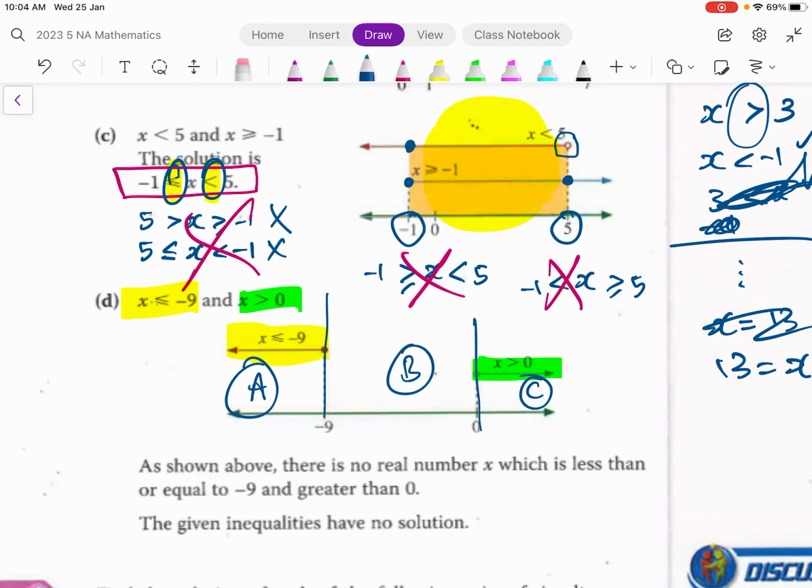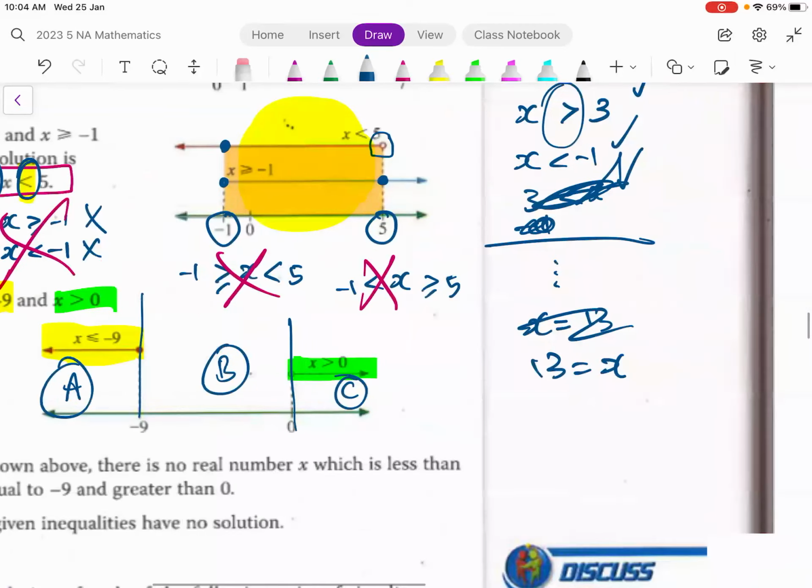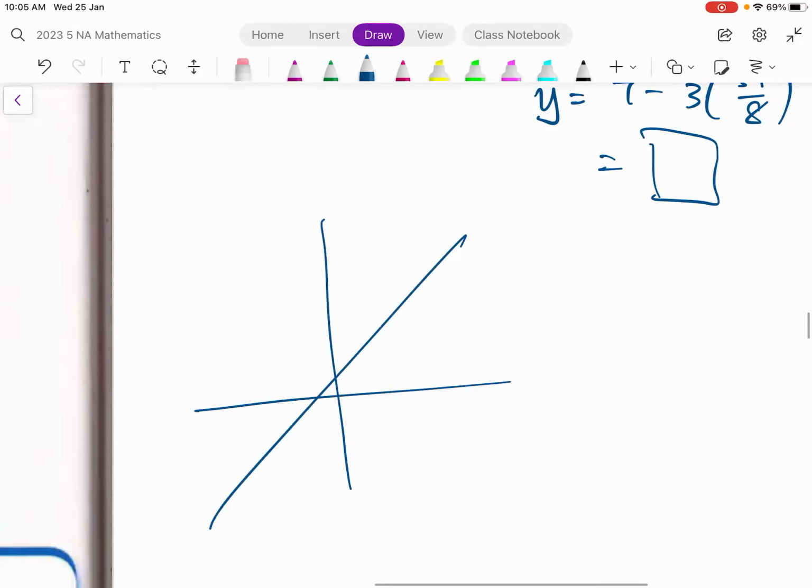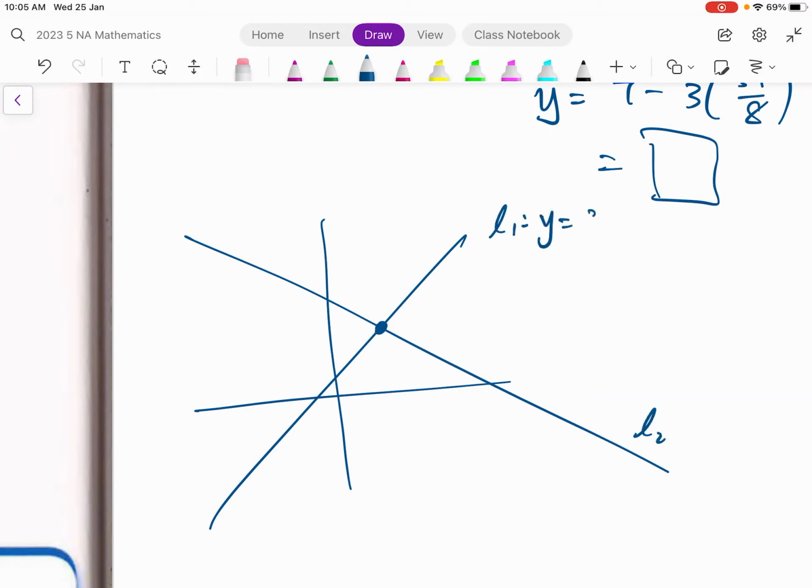So this is another keyword, intersection, commonly used with simultaneous equations. Because when you have simultaneous equations, you have 2 lines. They intersect over here. This is your line 1, y equals 3x plus 1, and this is your line 2, y equals negative x plus 8, for example.